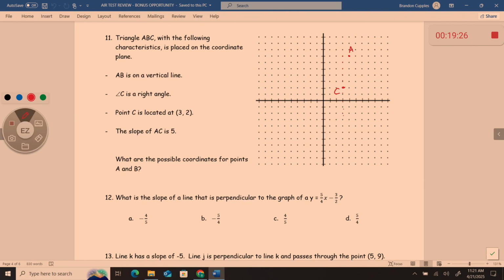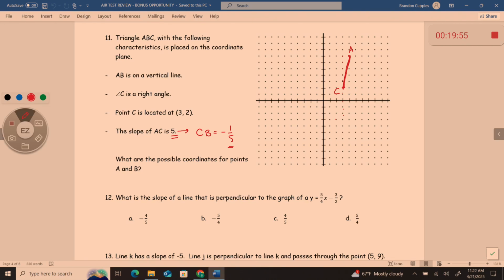So angle C is a right angle. That's one possibility. If AC has a slope of 5, that means that CB must have a slope of -1/5.